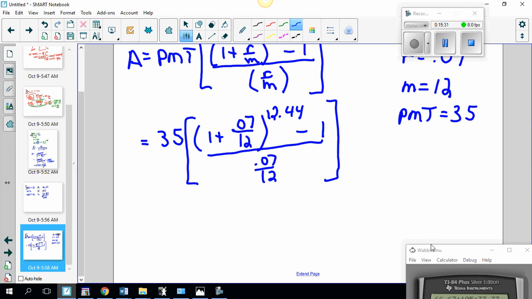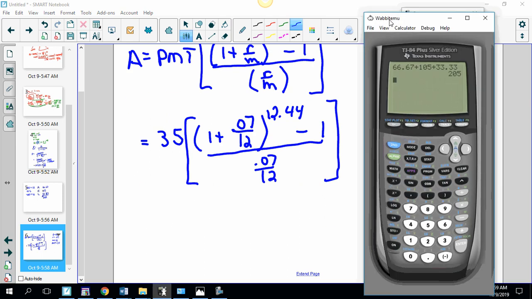And this is why partial credit is huge. Like, this is correct. So if you make a calculator error, well, then there's evidence that you knew what you were doing.